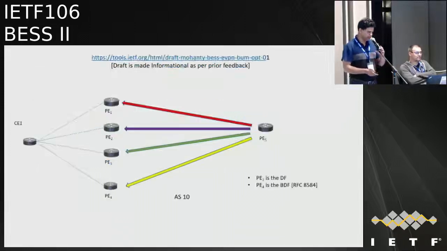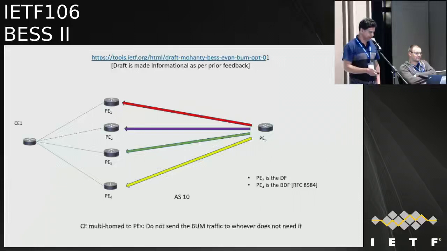So one of the other things that was told to us is to make it informational, because it need not be a standard. So we made it an informational draft. So the main thing here is, as you can see, there are 2 redundancy PEs, but in some cases we have seen up to 4.